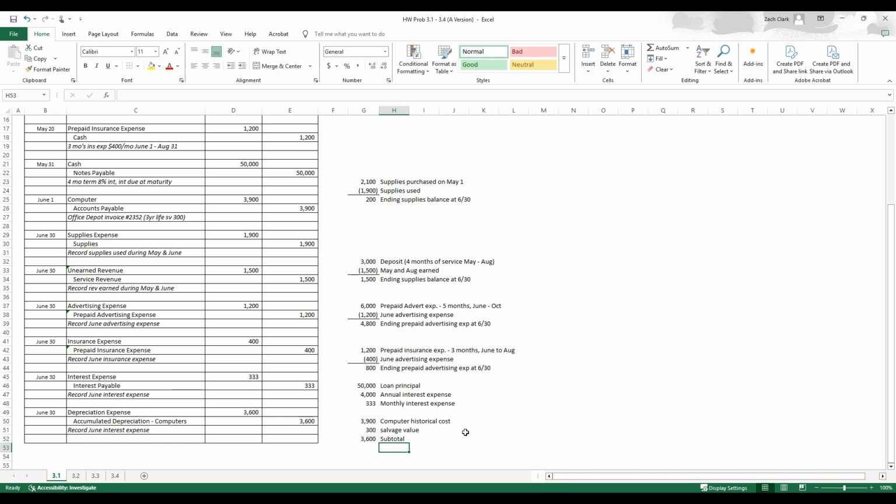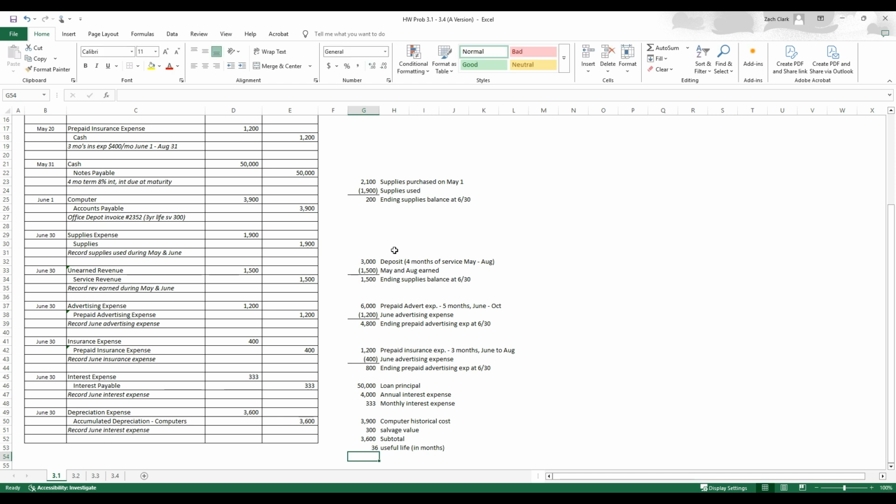And then we want to divide by the useful life in months here, because we want to record 1 month's worth, not 1 year's basically. And so it tells us a 3-year life, in years. So if we want to say that same thing in months, we take 3 times 12.